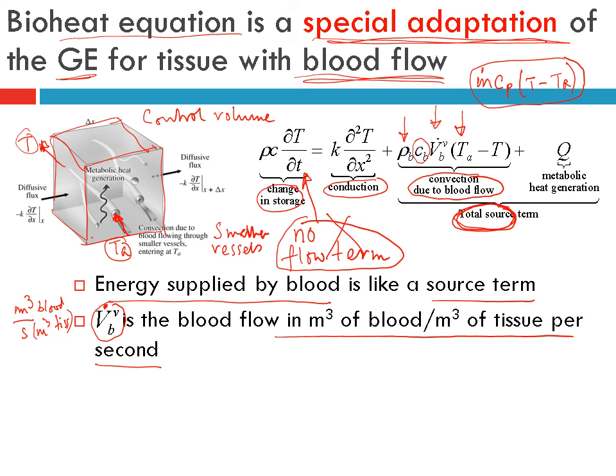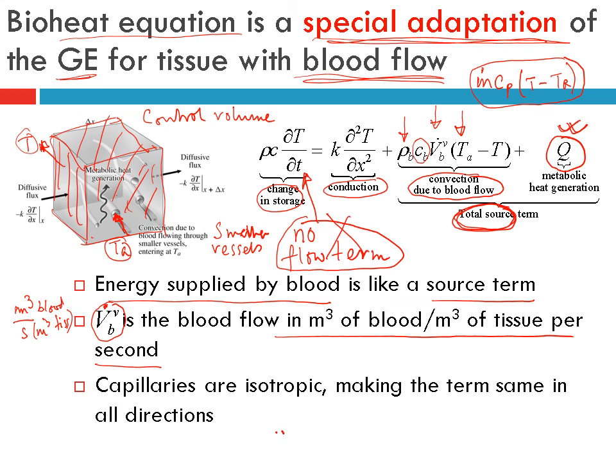Okay. The other term that we have in the tissue, because we are doing a bioheat equation, is the metabolic heat generation, Q. That, of course, is nicely volumetrically distributed most of the time, and it's not a bad assumption at all. What we are saying is these capillaries are isotropic, making the term the same in all directions.